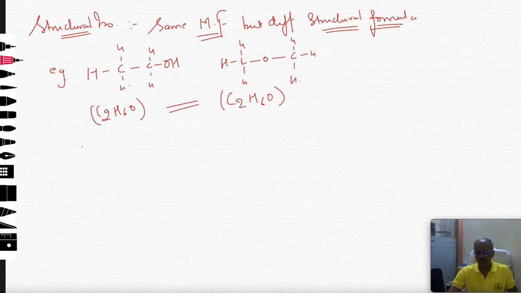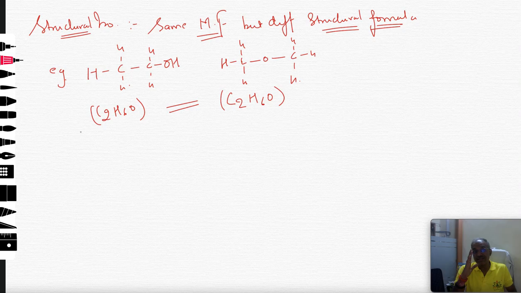Now you will see there are compounds that show chain isomerism and many more types. A single pair of compounds, the same compound, can show many different types of isomerism.